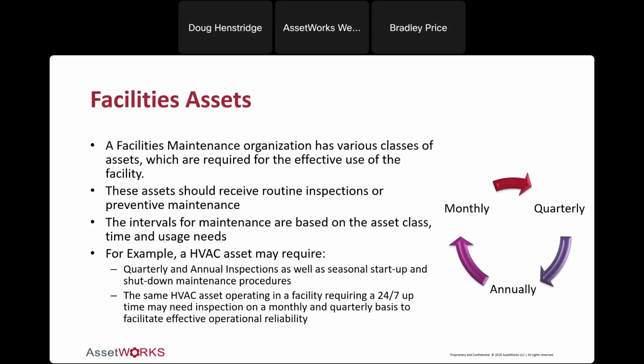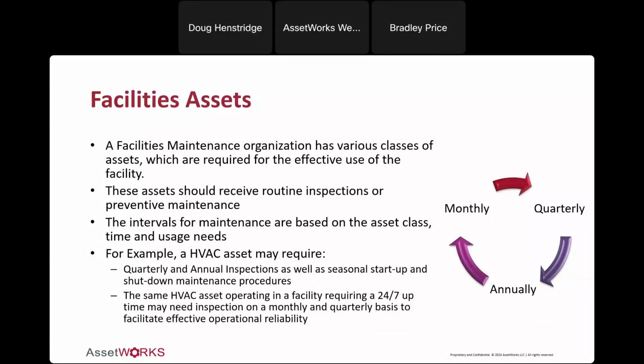But in, say, a 24/7 operation like a 911 center, when those units are running 24/7, you may have to tighten that up, right? You may have to look at, instead of doing a quarterly filter change, a monthly filter change. And you need to keep track of these things from a scheduling point of view. So that's the high level, the overall target.